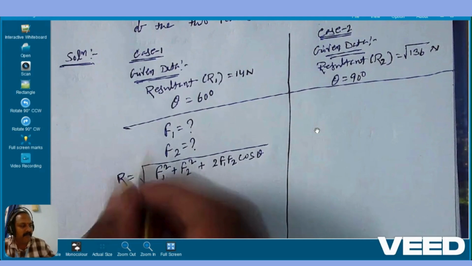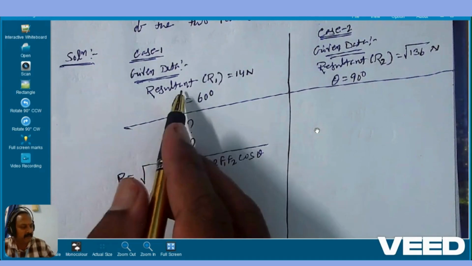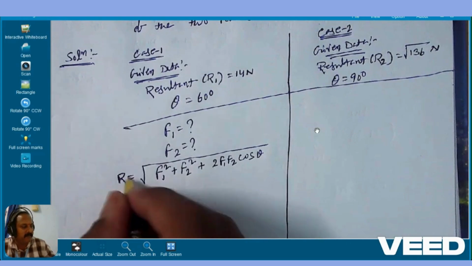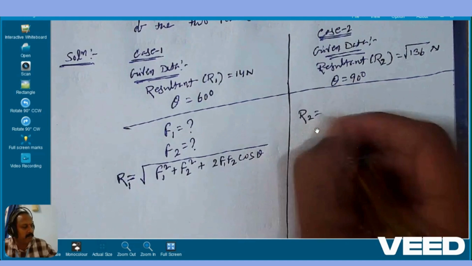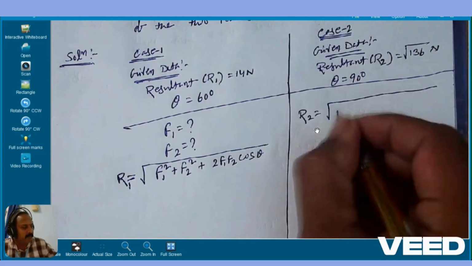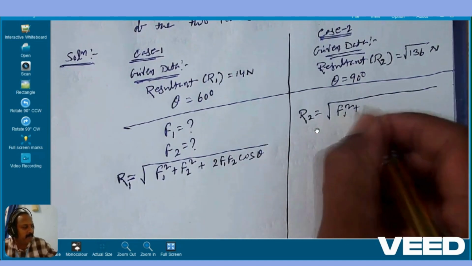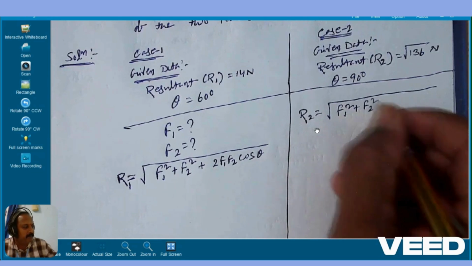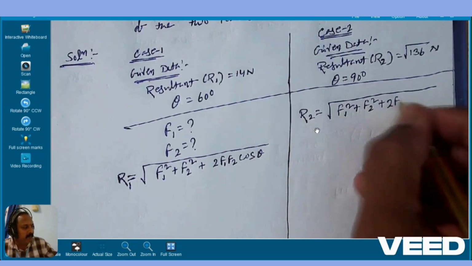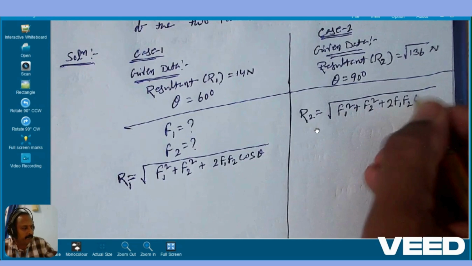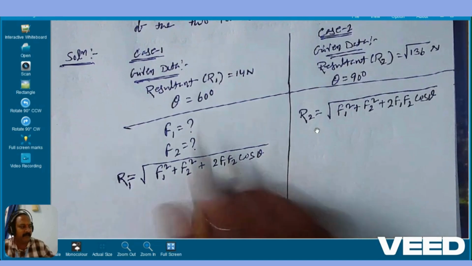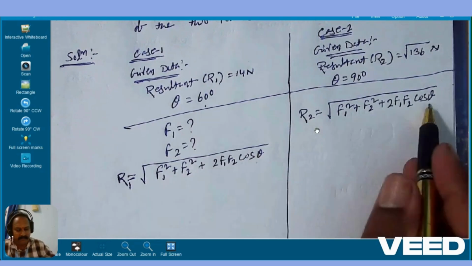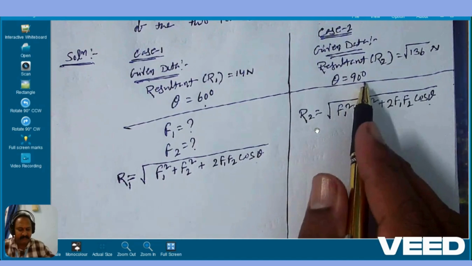Here we have taken the resultant as R1 for case 1. Similarly for case 2, R2 is equal to root of F1 square plus F2 square plus 2F1F2 cos theta, because the forces are the same. But in the first case theta is 60 degrees and in the second case theta is 90 degrees, as given in the question.